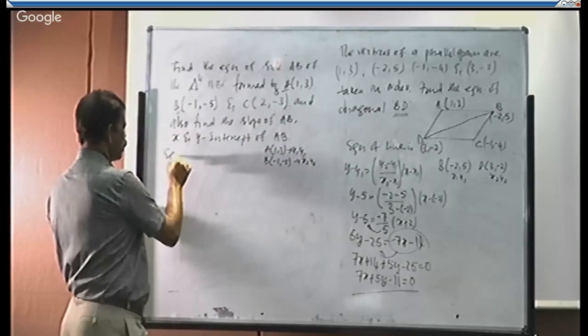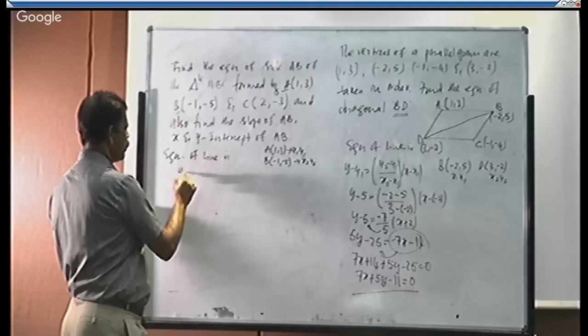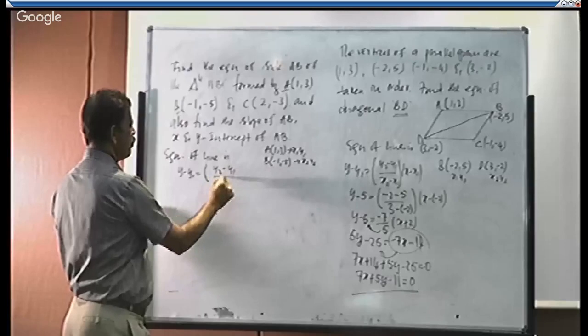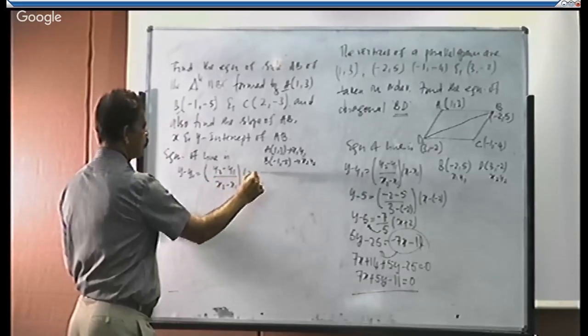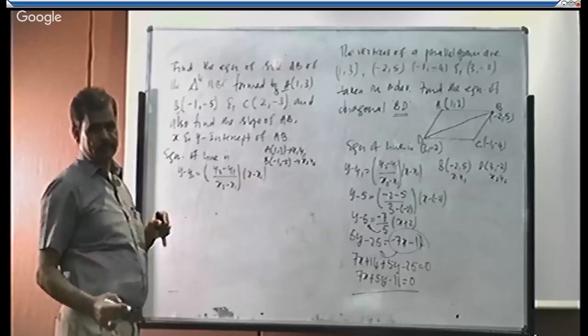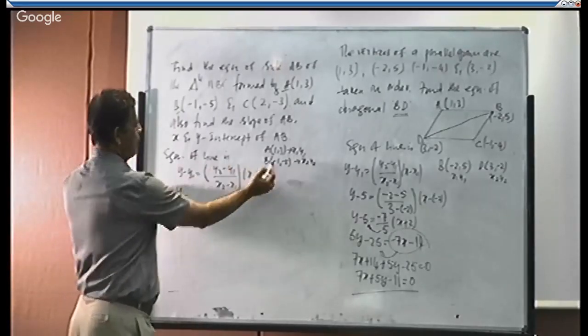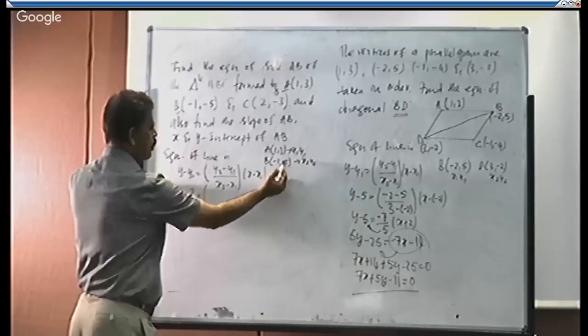Directly get the equation. Equation of line is y minus y1 is equal to y2 minus y1 by x2 minus x1 into x minus x1. Substitute: y minus, what is y1? y1 is equal to 3. What is y2?